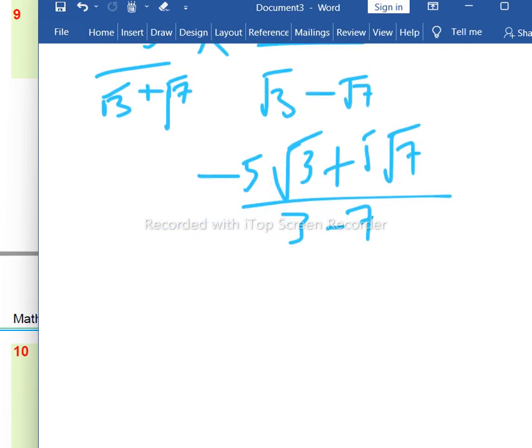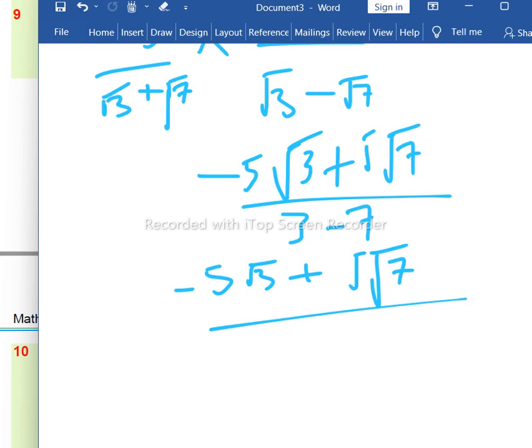So we have minus 5 square root of 3 plus 5 square root of 7 over 3 minus 7, which is minus 4.